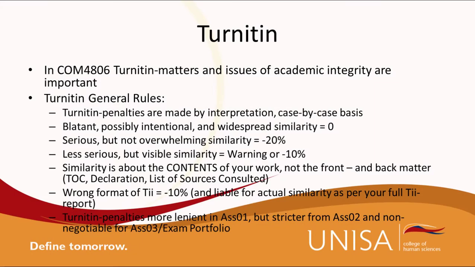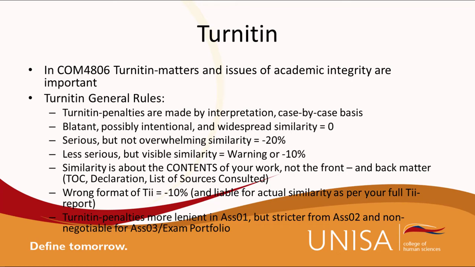We can't make a fixed rule about deductions and penalties, but generally we think like this. For similarity that is blatant, potentially intentional, and widespread between your assignment and other texts, you will receive 0 for your assignment. For serious but not overwhelming similarity in an assignment, you will receive a deduction or a penalty of 20%.